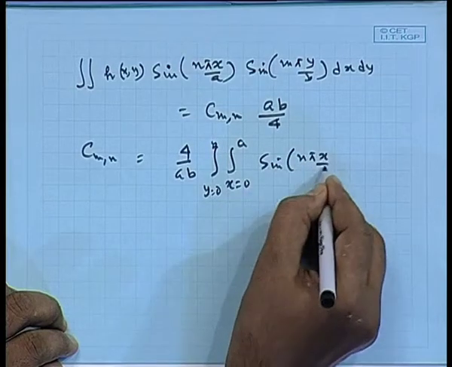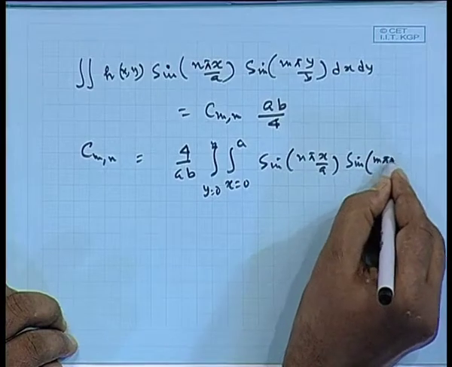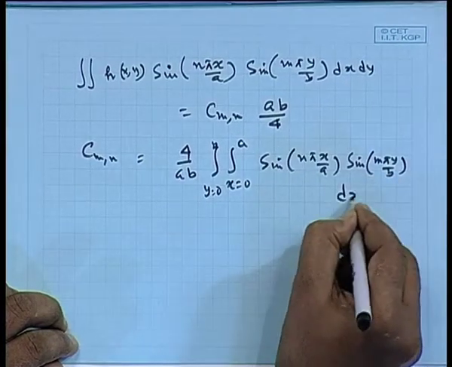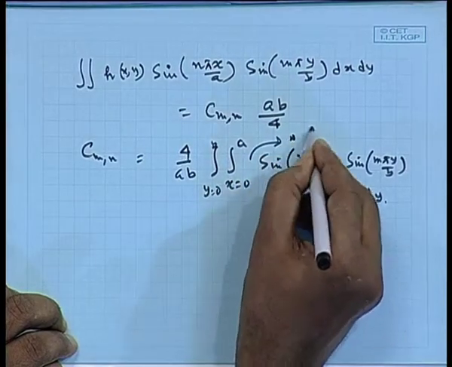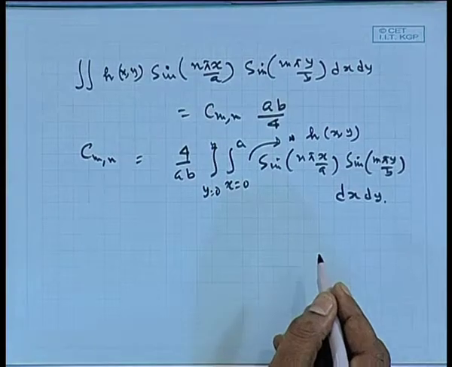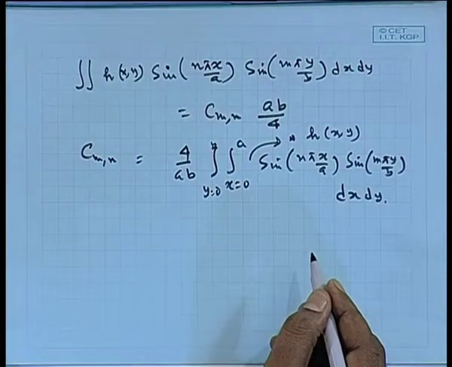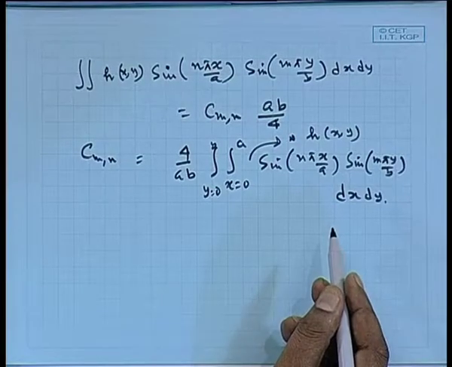the double integral of sin n pi x by a sin m pi y by b dx dy multiplied by h x y. Depending on the value of h, you have to evaluate this integral either analytically or numerically.